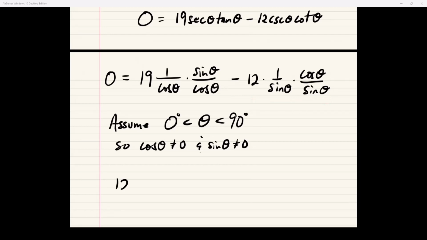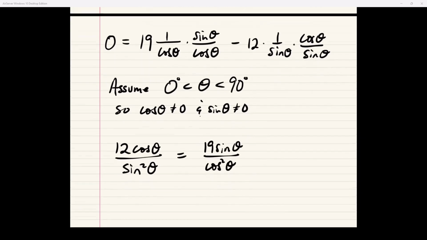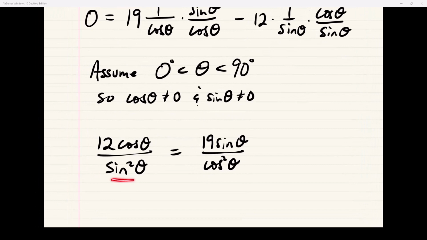So it turns into 12 cos theta over sine squared theta equal to 19 sine theta over cosine squared theta. And once again, because these quantities aren't 0, I can just multiply both sides by those values and assume that I still have legitimate solutions.